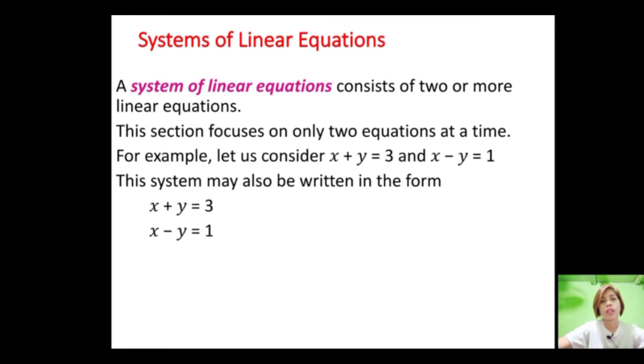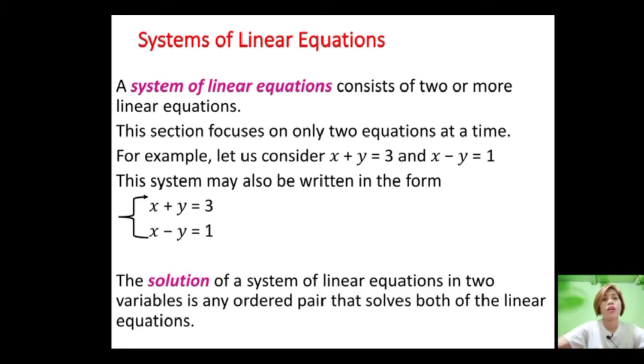ayan. So, lalagyan na po natin nung para pong bracket or braces. So here, pag sinabi po nating solution, the solution of a system of linear equations in two variables is any ordered pair that solves both of the linear equations.